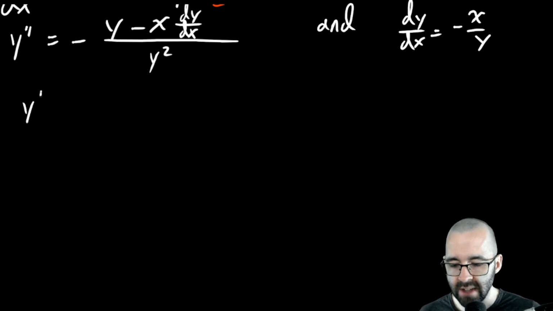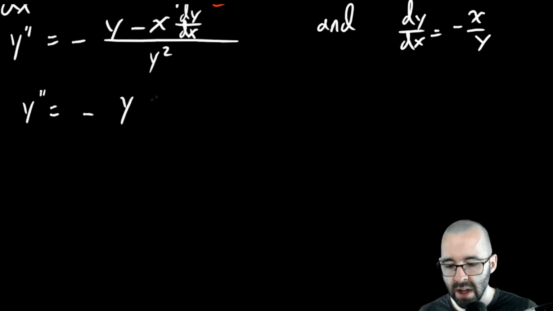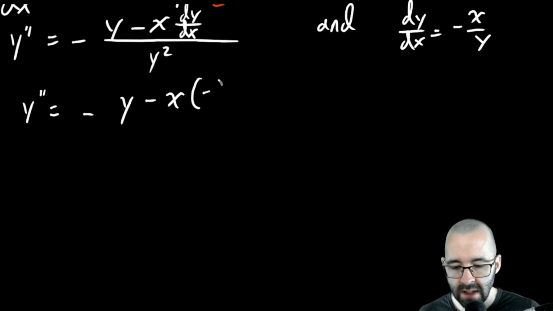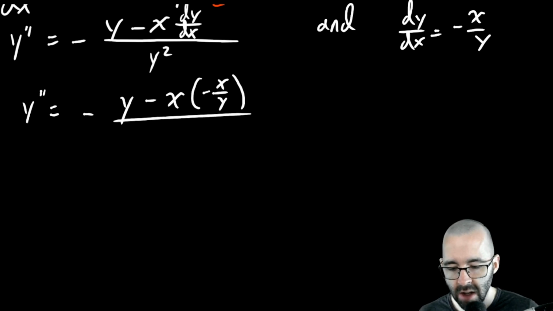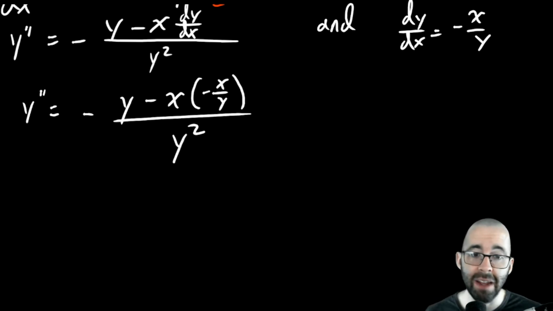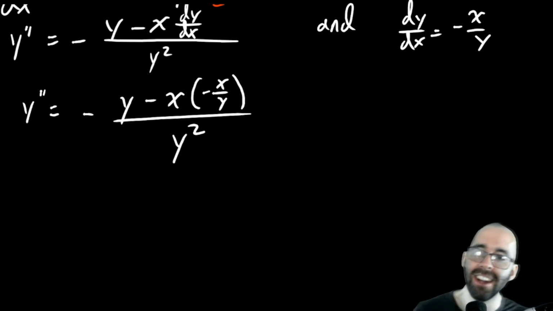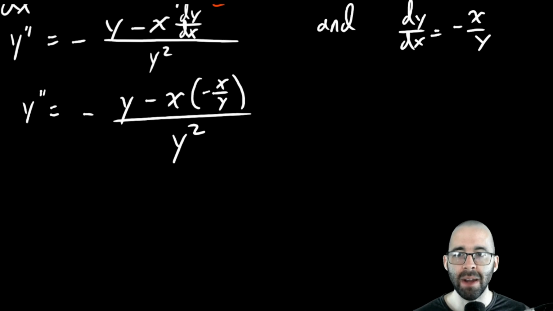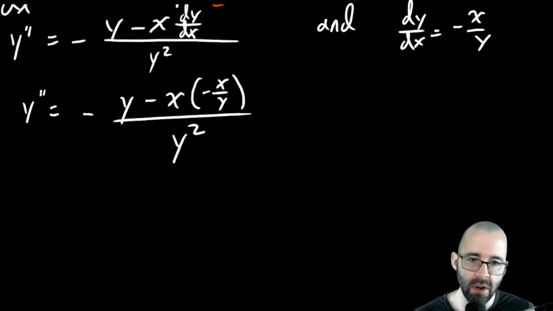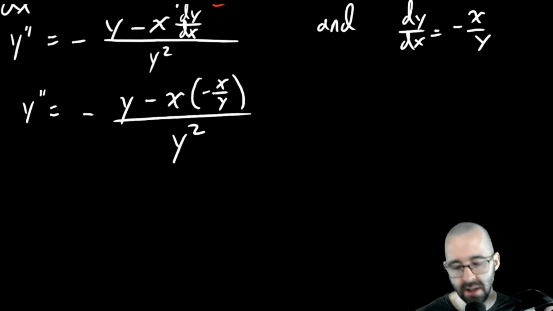So we're going to say the second derivative is negative y minus x times negative x over y, all over y squared. And now we have to simplify the complex fraction. Okay. So multiply the top and the bottom by y. And as long as y is not equal to 0, which is already a requirement that we have, multiplying by y over y is okay.